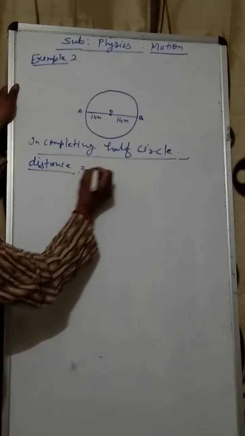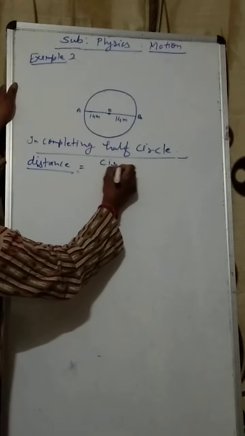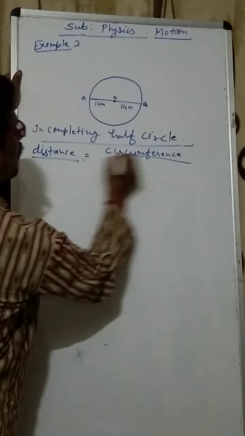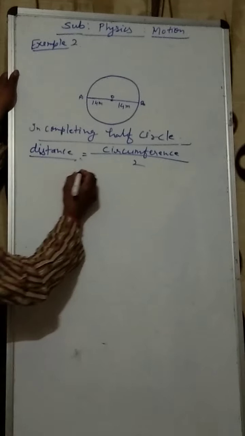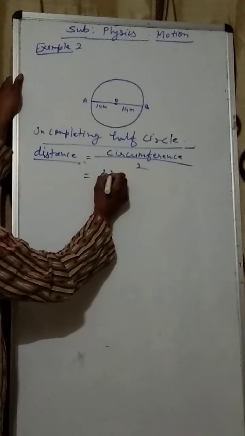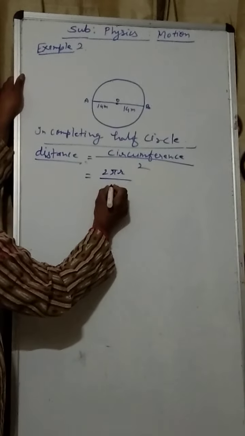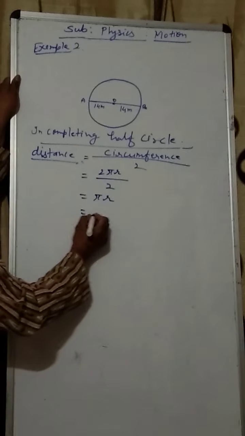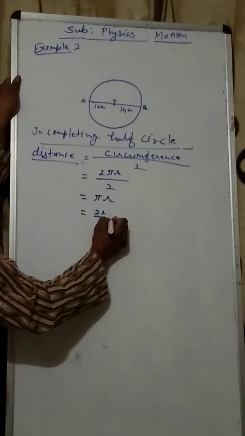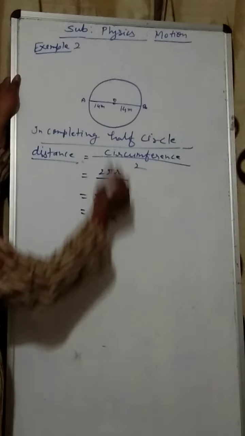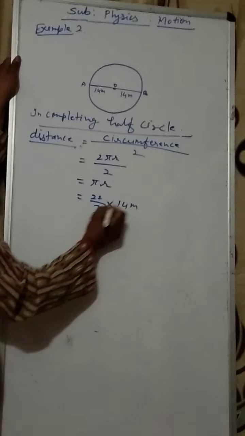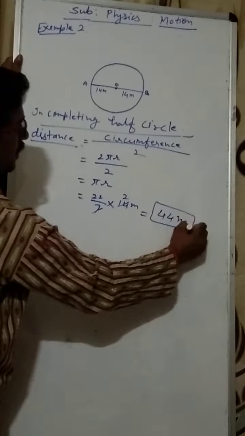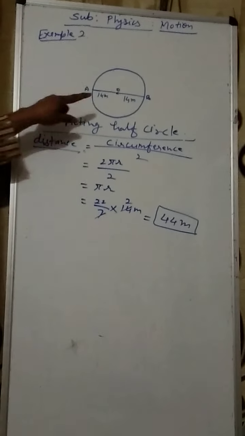So distance will be half of the circumference, and the circumference formula is 2 pi r, so half is pi r. The value of pi you know already, 22 upon 7, into the radius, 14 meter. So the value is 44 meter. This is the distance traveled in the half circle.